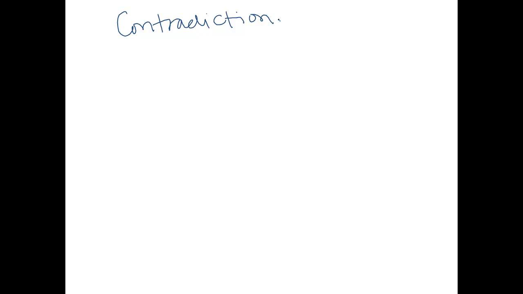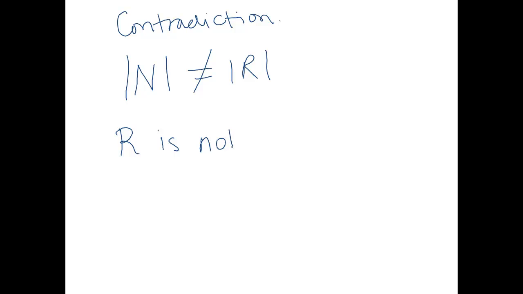What did we assume? We assumed that the size of n was equal to the size of r, and we know now that is not true. This also tells us that r is not countable, and that's what we set out to prove. That's very exciting, right?